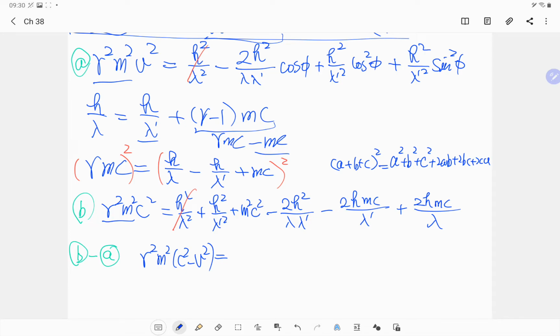And then we will have this one, m squared c squared, and then the next one is this one minus this one.